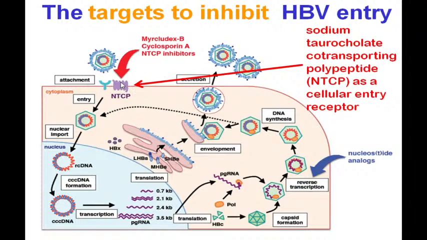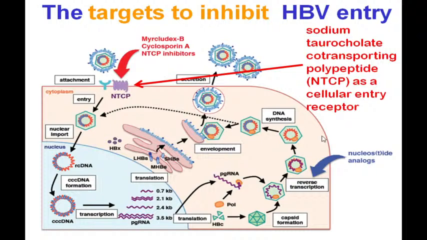Then, to prevent the virus entry, so-called entry blockers or entry inhibitors can be used. These are Myrcludex and cyclosporin, and the inhibitors of entry can be used at the beginning stage of the infection.